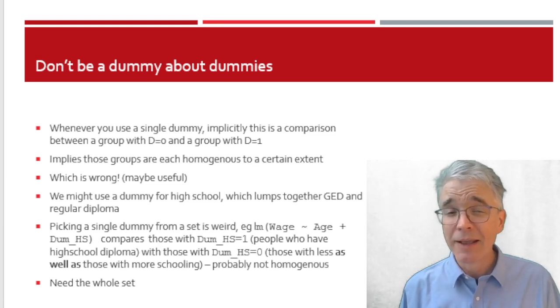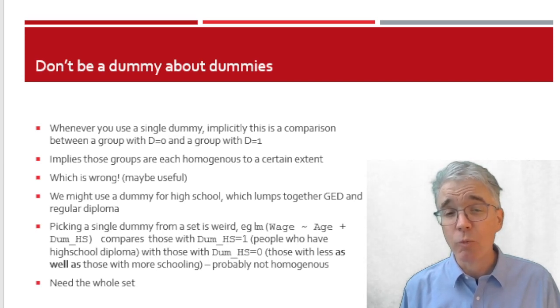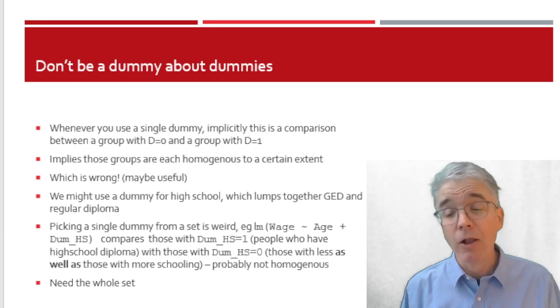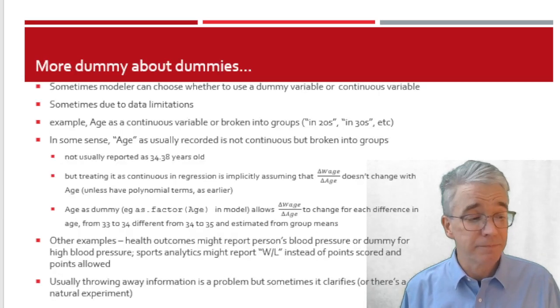If I pick out just one, say the dummy for if they have a high school diploma, then I'm implicitly comparing those with the other group, the people with a dummy variable equal to 0. That other group is a weird combination of those with less schooling than a high school diploma, along with those with more education, which is probably not at all homogeneous. So you need the whole set of dummy variables in that case.